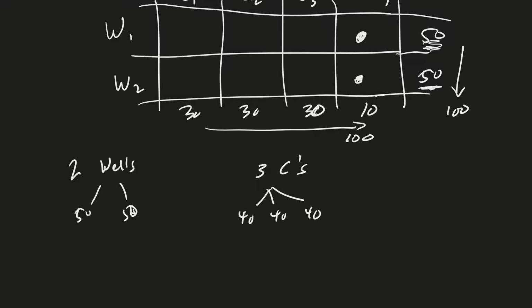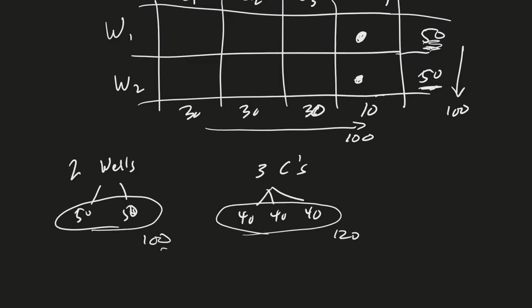Now where's the problem going to be? 120. 100. 100 is not equal to 120, so that's the problem. And so no matter what happens, no matter how I distribute my 100 million gallons, there's no way I can satisfy the demand.